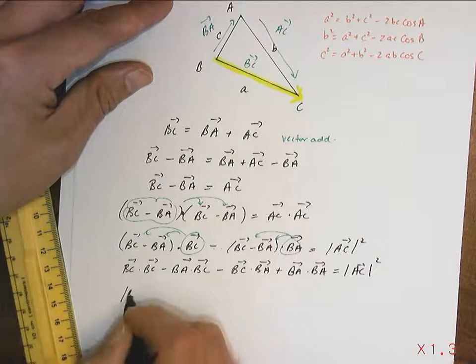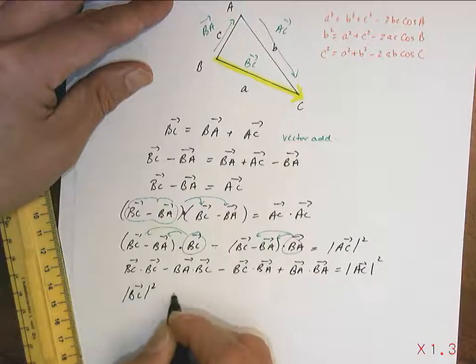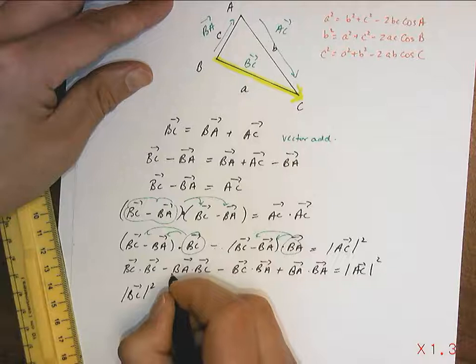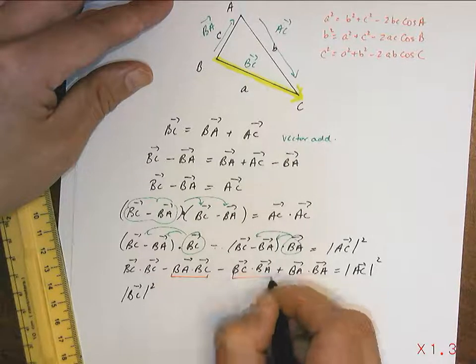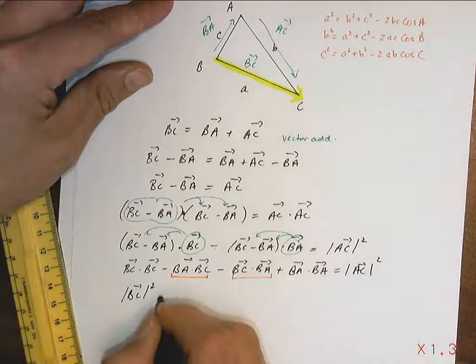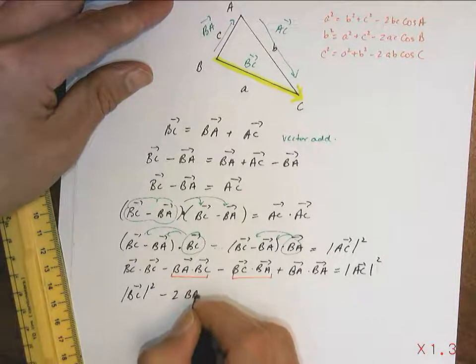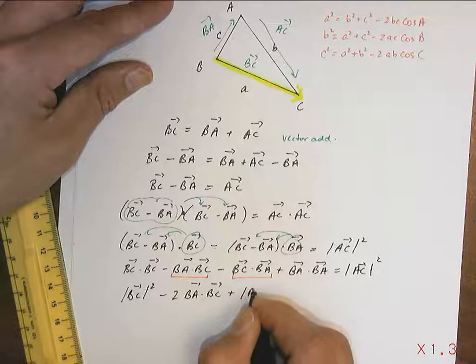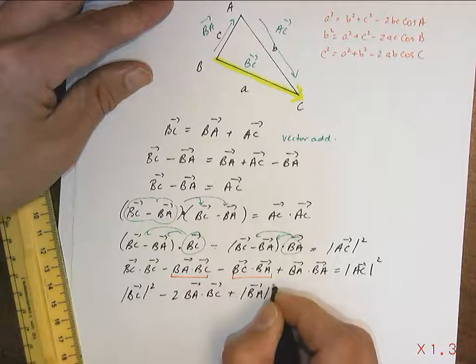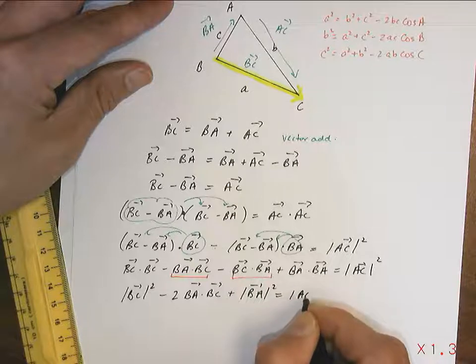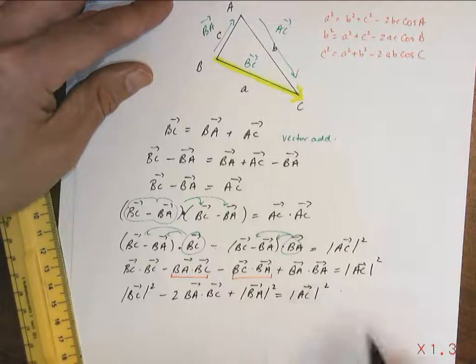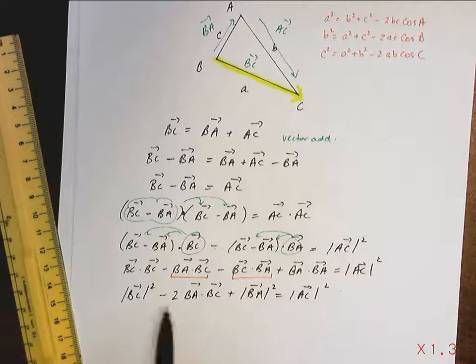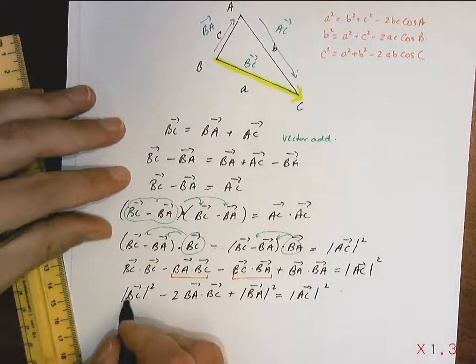So this will be the magnitude of BC squared. The commutative property of the dot product says that those two things are equal. So I've got two of them. And I've got BA squared, AC squared. So this is looking good. I've got my minus and I've got my dot product here. Let's see what this is going to work out to.